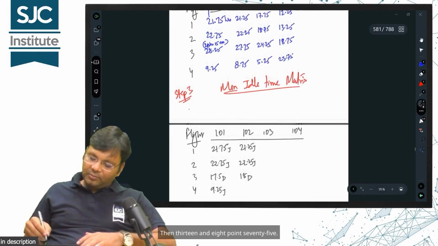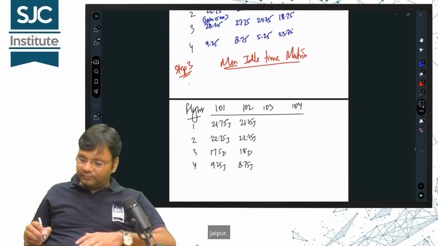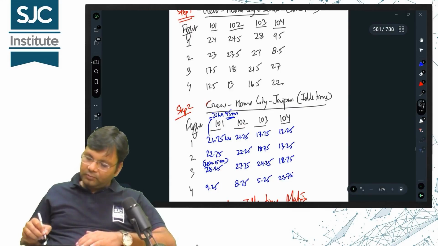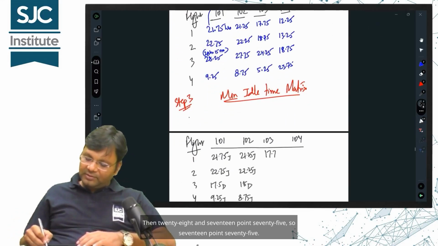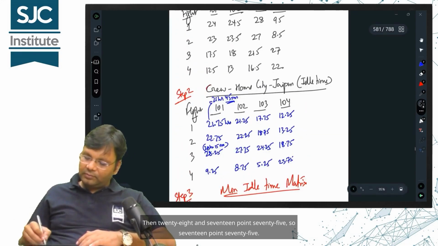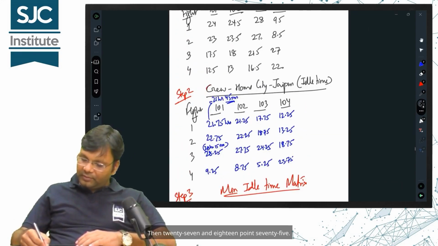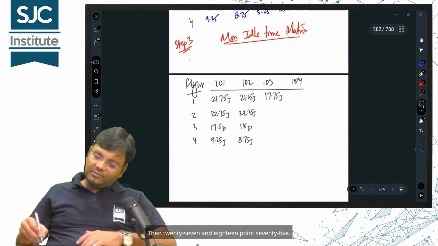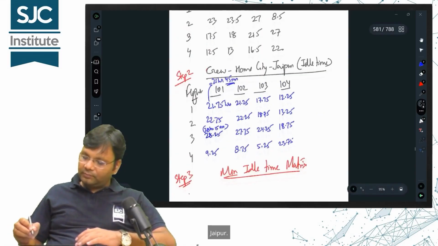Then 13 and 8.75, 8.75. Jaipur. Then 28 and 17.75, so 17.75. Jaipur. Then 27 and 18.75, 18.75. Jaipur.